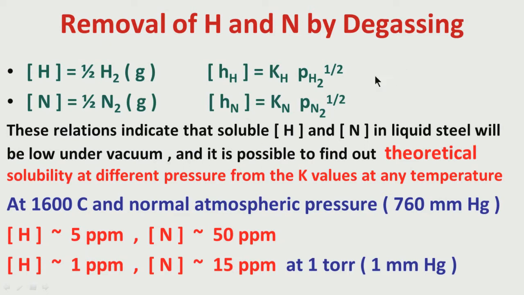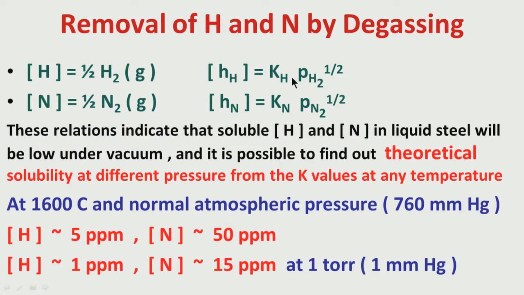Under vacuum means partial pressure is coming down. Vacuum means partial pressures of all the gases are coming down, is it not so? So, hydrogen partial pressure will come down, nitrogen also will come down. In the process, it will help removal of hydrogen as hydrogen gas, removal of nitrogen as nitrogen gas.